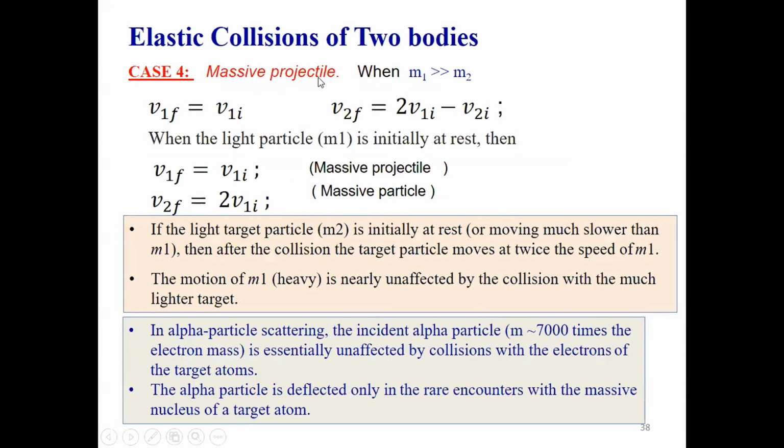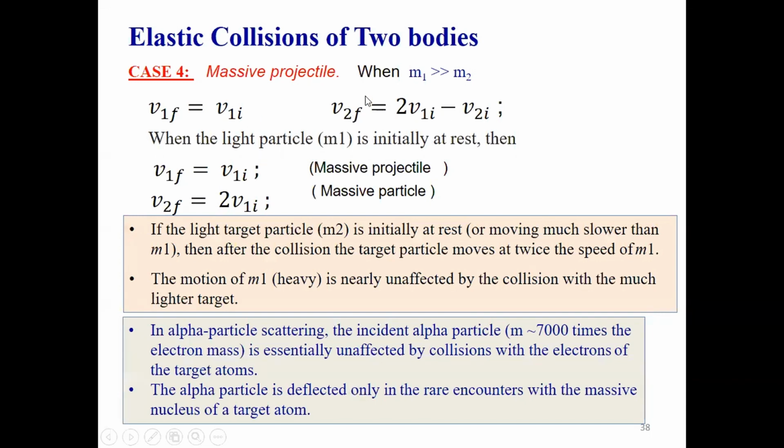Then case number 4 is a projectile motion in which we have M1 very, very large as compared to M2, where a massive projectile is coming and hitting a small particle. So if this is the case, then the final velocity of particle 1, which is the very large particle, will remain the initial velocity of particle 1.